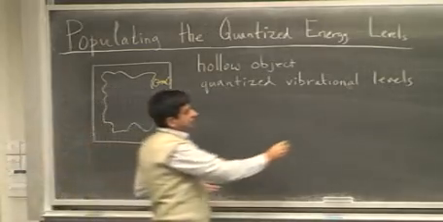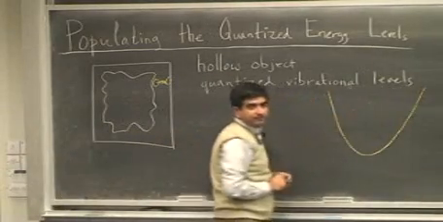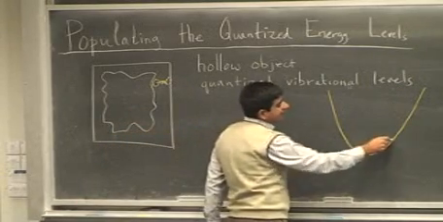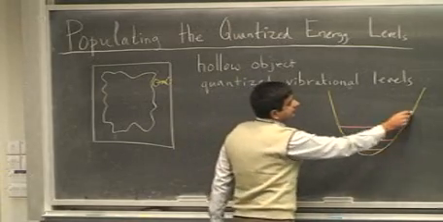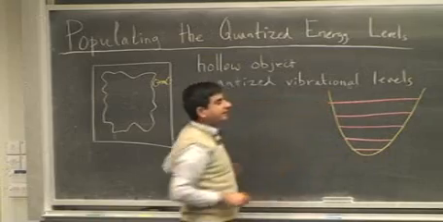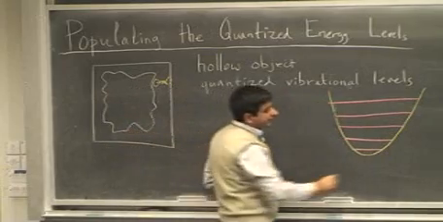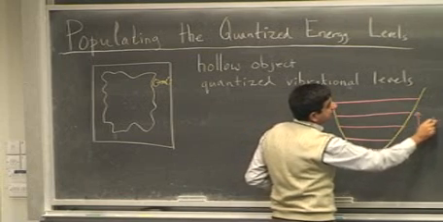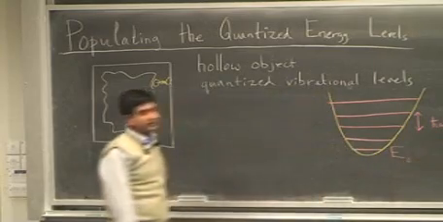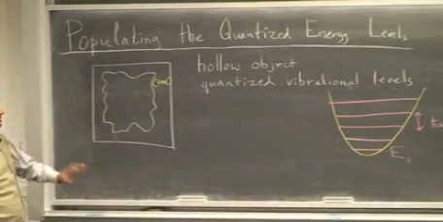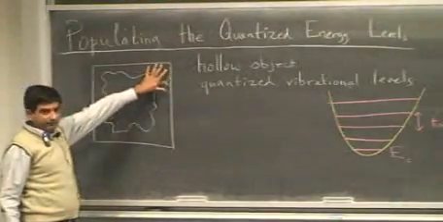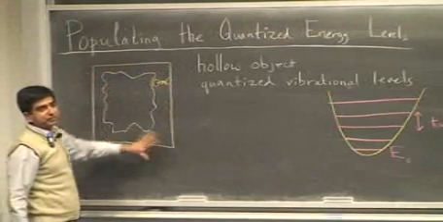We can draw a potential energy curve, and we know that the energy levels are quantized, and the spacing between these levels is constant. There is a ground state energy E0 and a spacing between the levels which is h bar omega naught, and so on. So this is a quantized version of the harmonic oscillator, and this potential energy diagram and quantized energy levels represent the vibrational energy of the atoms that constitute the solid.